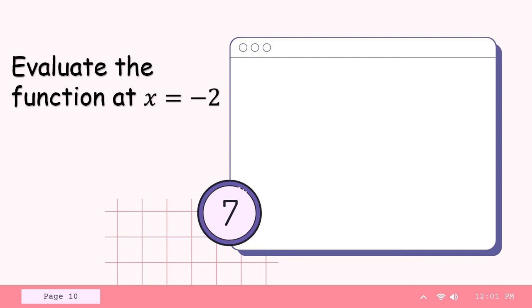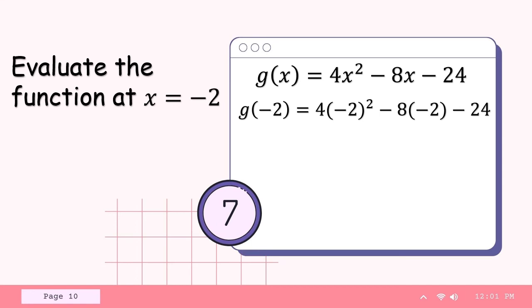Evaluate the function at x is equal to negative 2. g of x is equal to 4x squared minus 8x minus 24. It will become g of negative 2 is equal to 4 times negative 2 squared minus 8 times negative 2 minus 24. Negative 2 squared is equal to positive 4. And negative 8 times negative 2 is equal to positive 16.